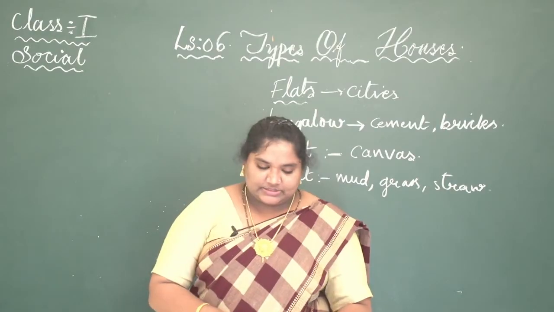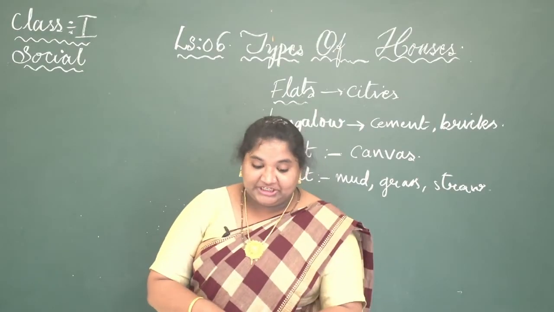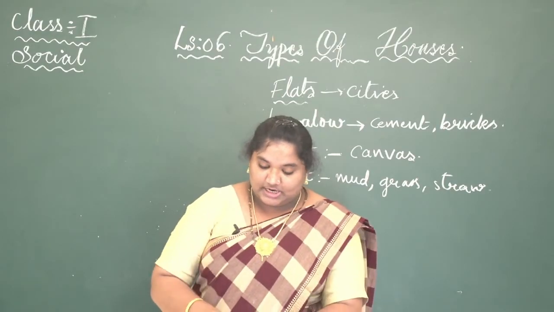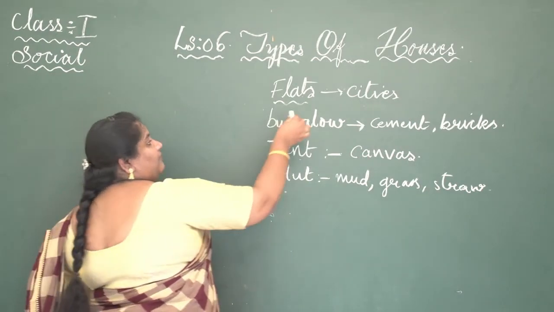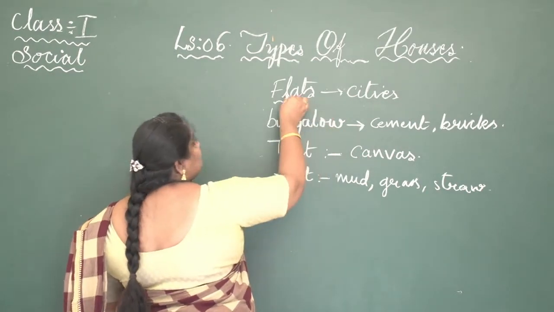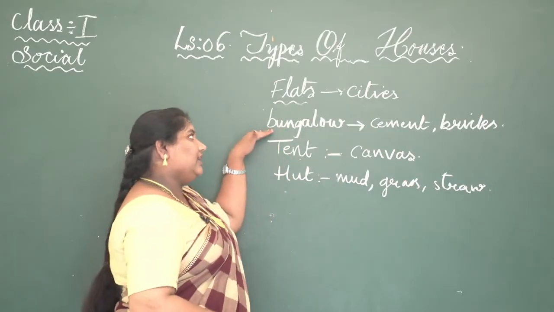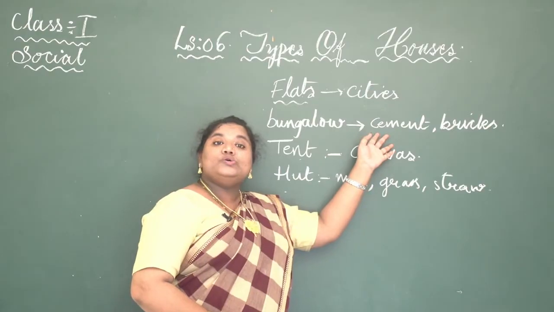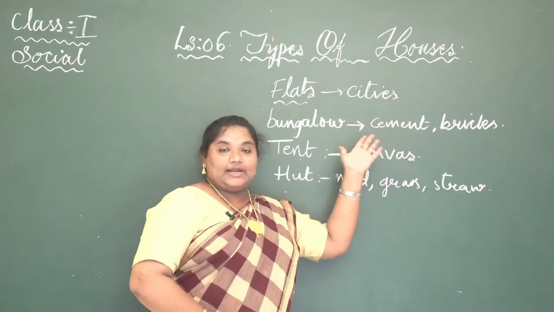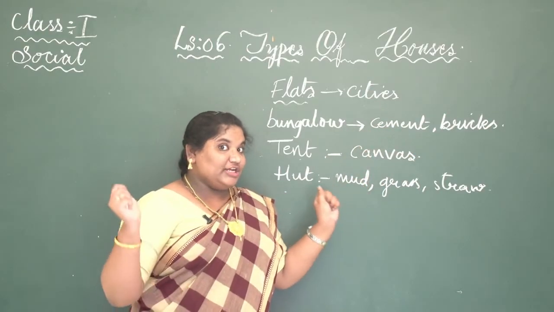Then next we go into the details now. See here, you can notice some difference. What? Flats and bungalows, which you see in the cities and in villages the bungalow. So what is the material they use? Cement, bricks and all, which is very strong.